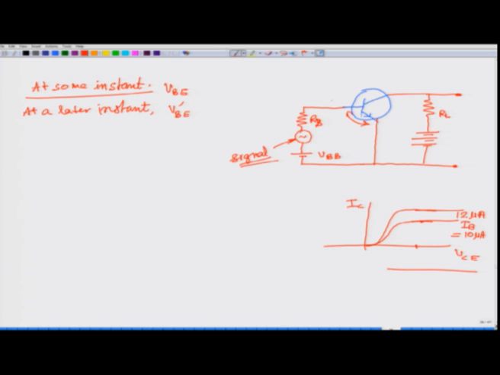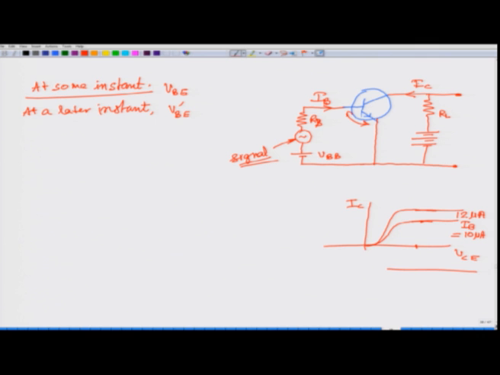Because of this, current IB has changed, it has gone from 10 microampere to 12 microampere. Is VCE also changed? Yes, it is changed, because this current IC has also changed.